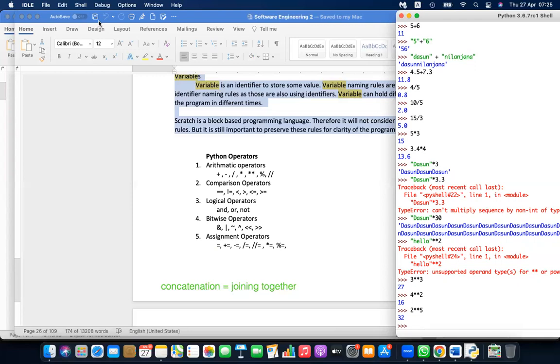Try to test this along and tell me what is happening there, with this percentage mark and double division.